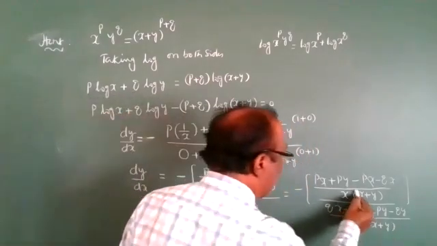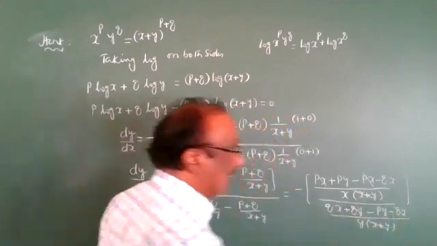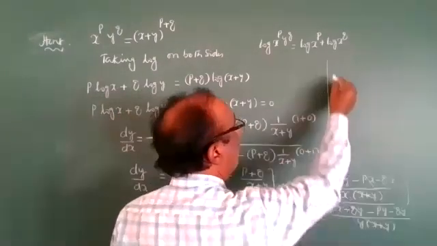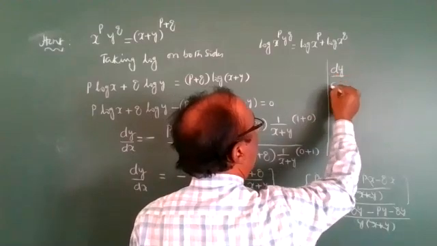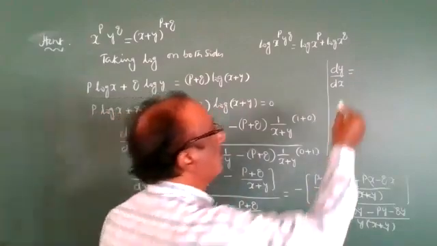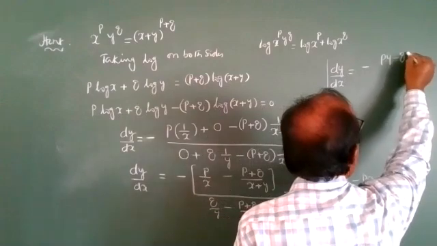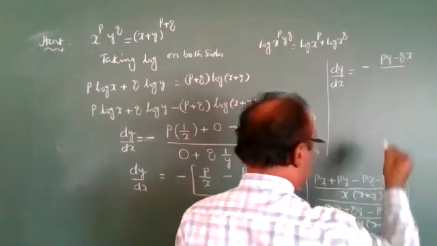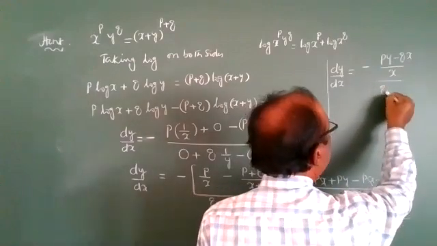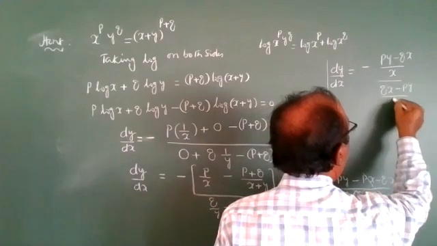Now here x plus y cancels, and qy is cancelled. What is remaining? So dy by dx is equal to minus of (py minus qx) by x, over the denominator (qx minus py) by y.